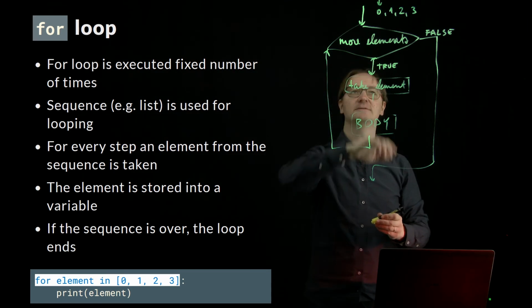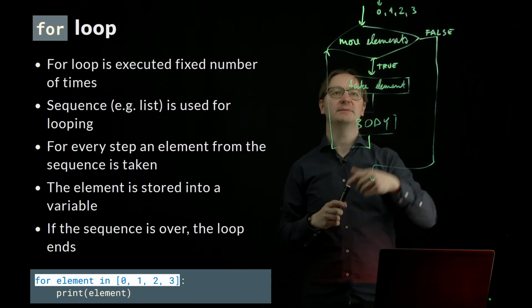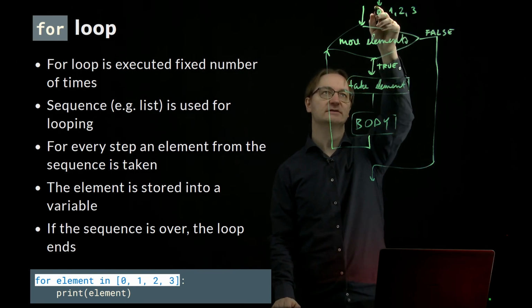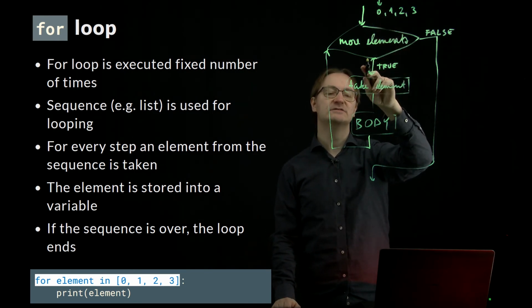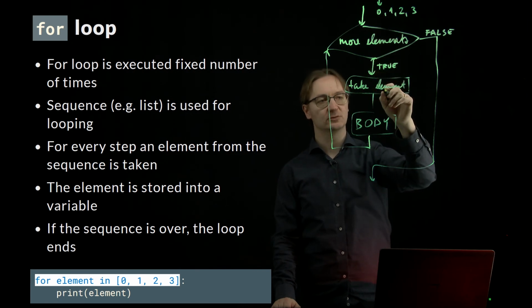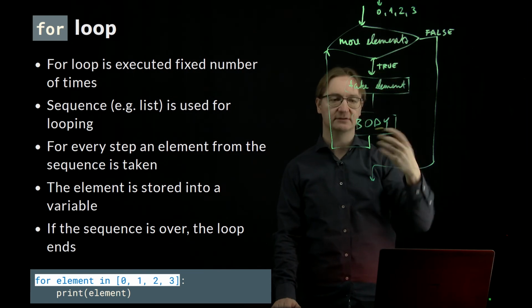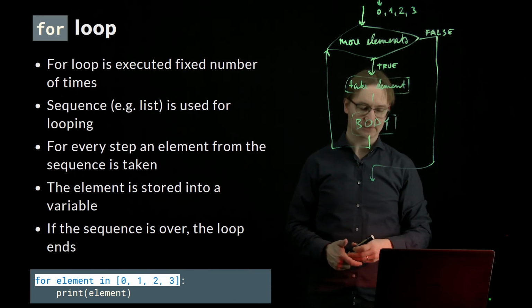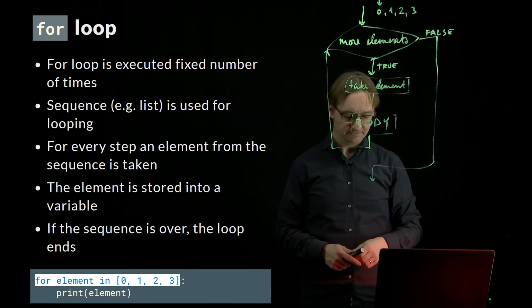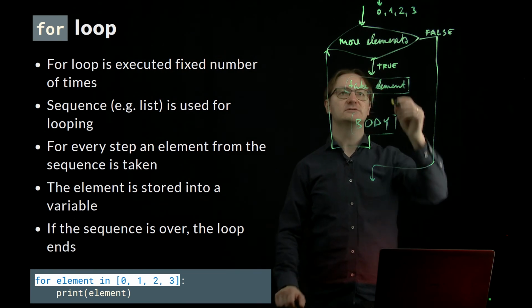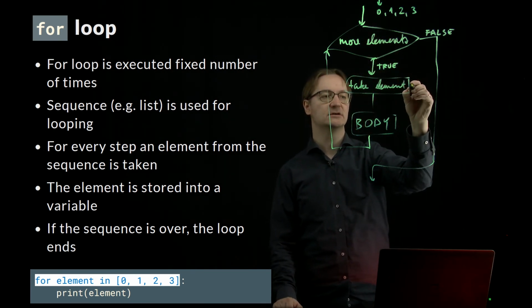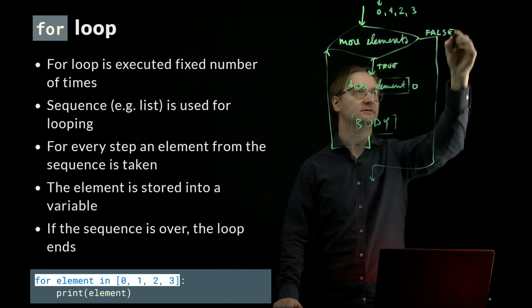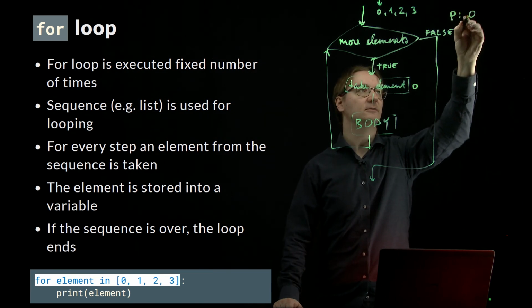So in the current list, we take the first element. It knows that there is an element, and we store this value into our element variable. Now I can use the variable inside my loop. Currently, I'm just printing it out. So I come in, the element is 0, I print it out.